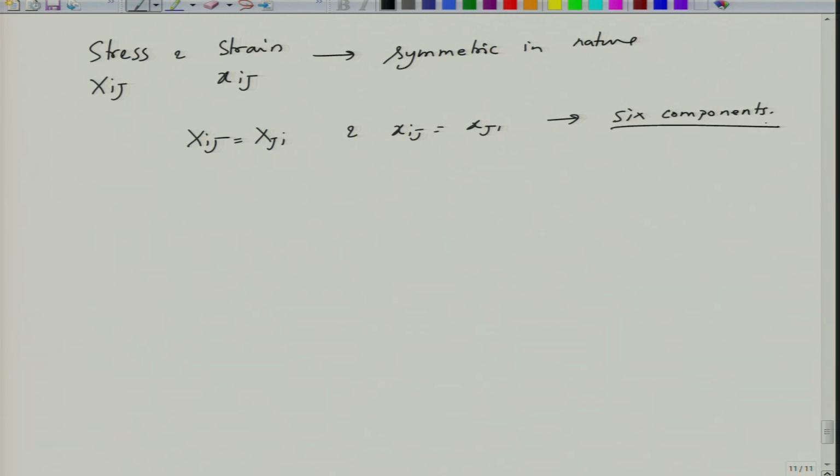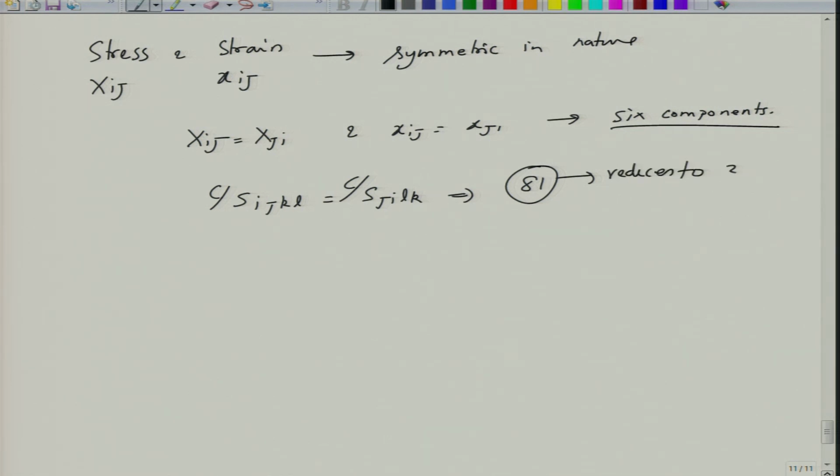Since there is a symmetry in stress and strain, this also reduces the number of components in stiffness. For example, compliance S_ijkl becomes S_jilk. Similarly, you can write for C. So, for both stiffness and compliance, in a 4th rank tensor you will have 81 components, and this 81 reduces to 36.